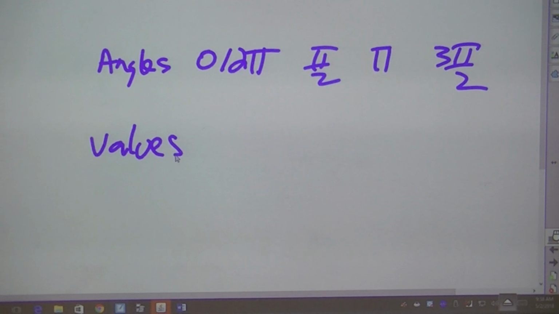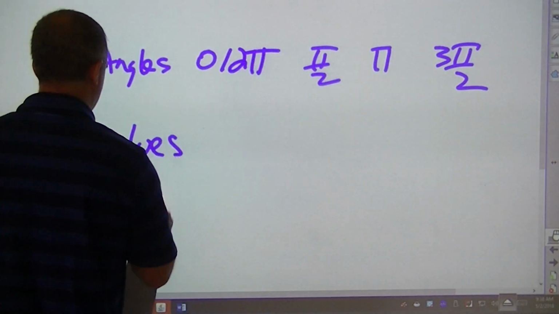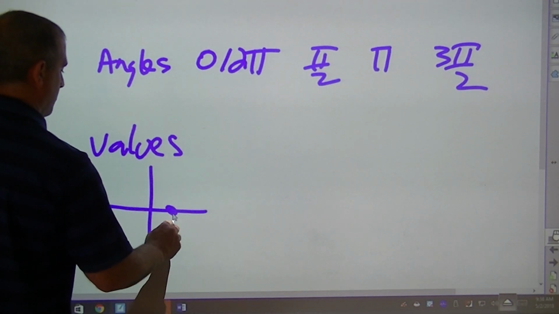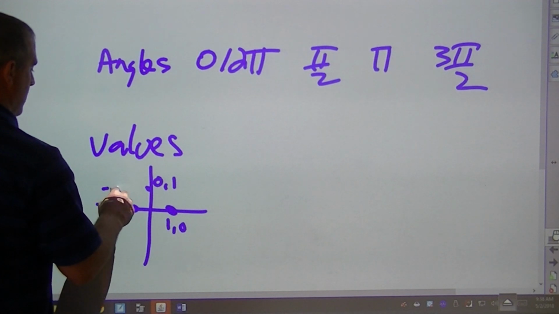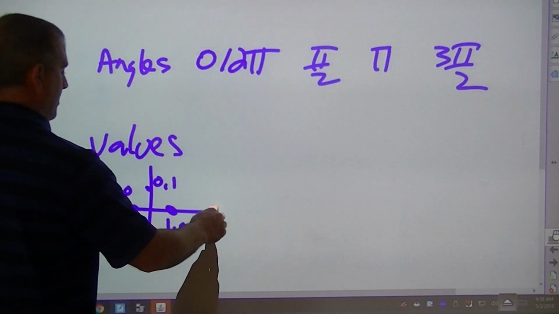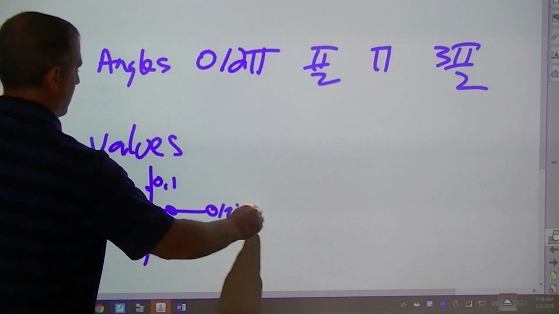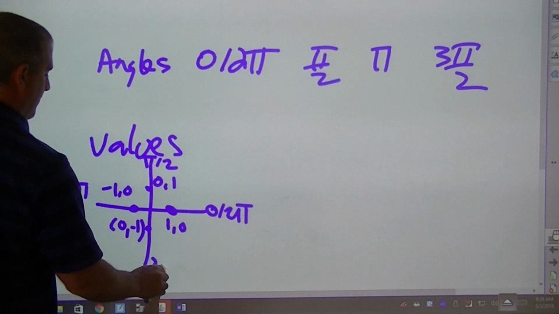Fantastic. The idea behind the values is if you took the points 1, 0, 0, 1, negative 1, 0, 0, negative 1. And this is 0 and 2 pi, pi over 2, pi, 3 pi over 2.